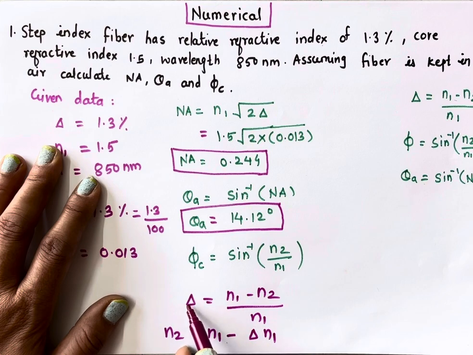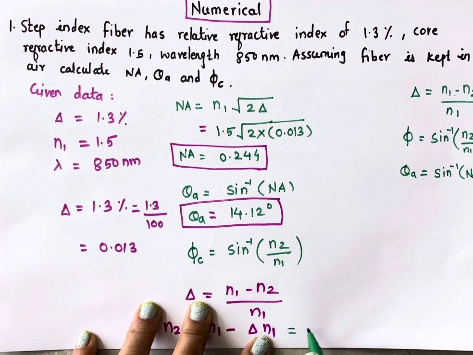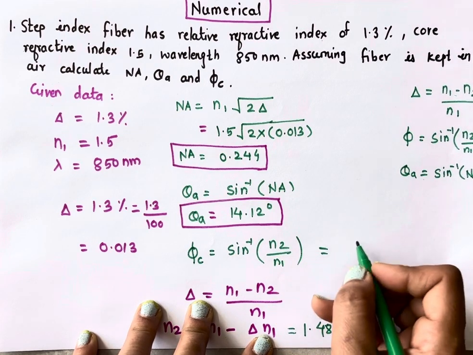By putting these values, we will get n2 as 1.48.